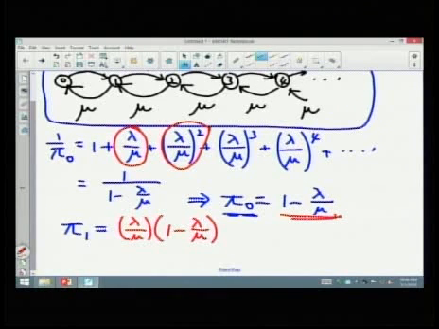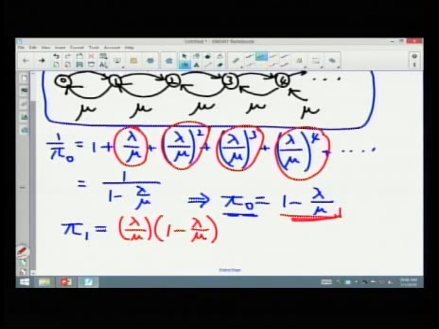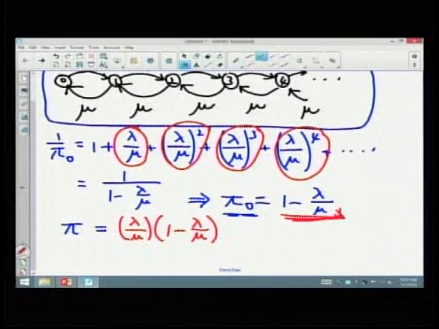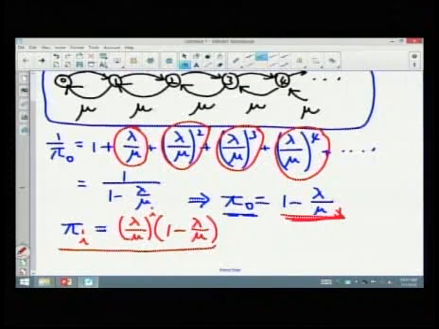And then pi 3 would be this times pi 0. Pi 4 would be this times pi 0. So I can say pi i would be the same, with i as the power up here. Okay? So using this formula, you should be able to determine the steady state probability distribution. Does that make sense? Right?